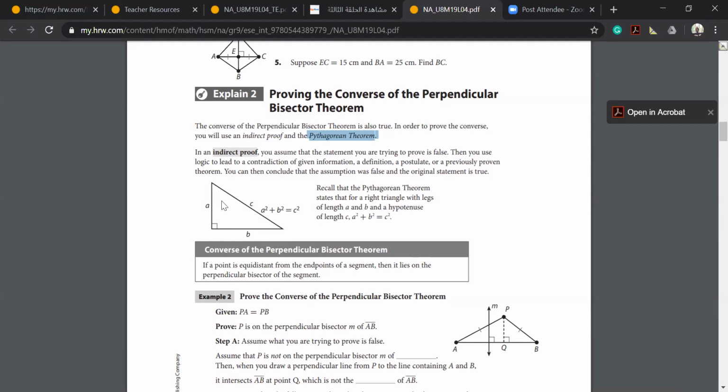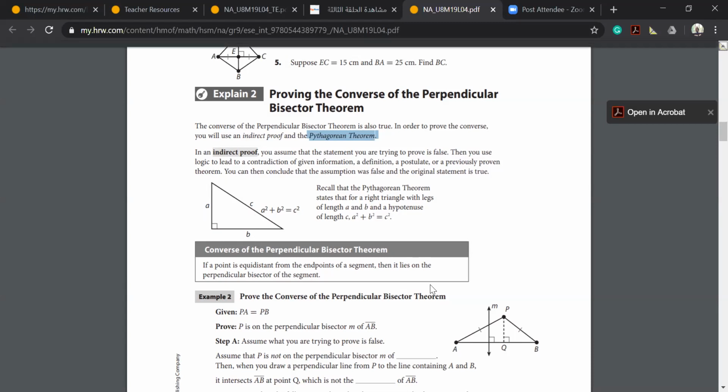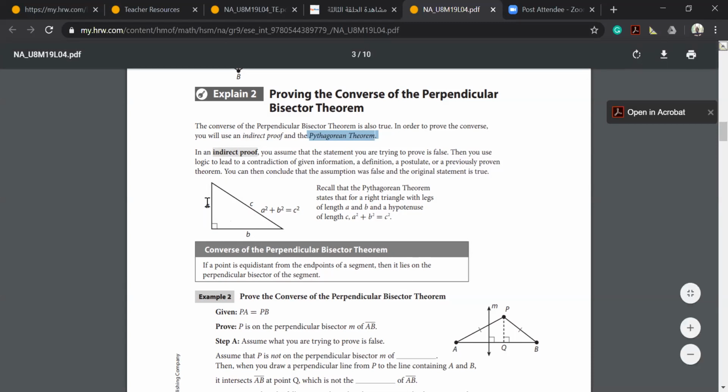It can never be this, it's always this. This is the hypotenuse. We always named it C, and then one of these was A and the other was B. The Pythagorean theorem told me that A square plus B square will be equal to C square. This was the Pythagorean theorem.